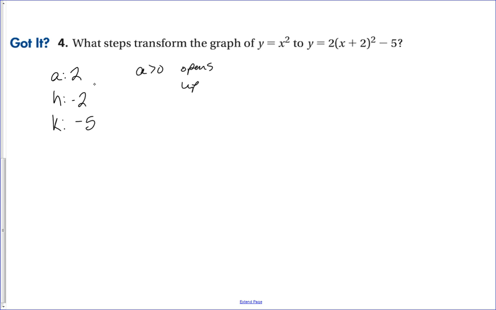And we know that this 2, since it's greater than 1, is also a vertical stretch by a factor of 2.